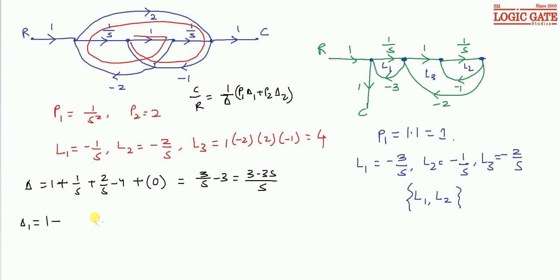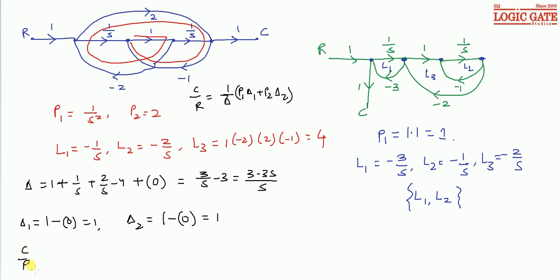Now del 1. Del 1 is 1 minus sum of gains of all individual loops not touching the first forward path. This is the first forward path, and we can see all three loops are touching the first forward path. So this is 0, del 1 is 1. What about del 2? This is 1 minus sum of gains of all individual loops not touching the second forward path. So all three loops are touching the second forward path. So this is also 0. So del 2 is 1.